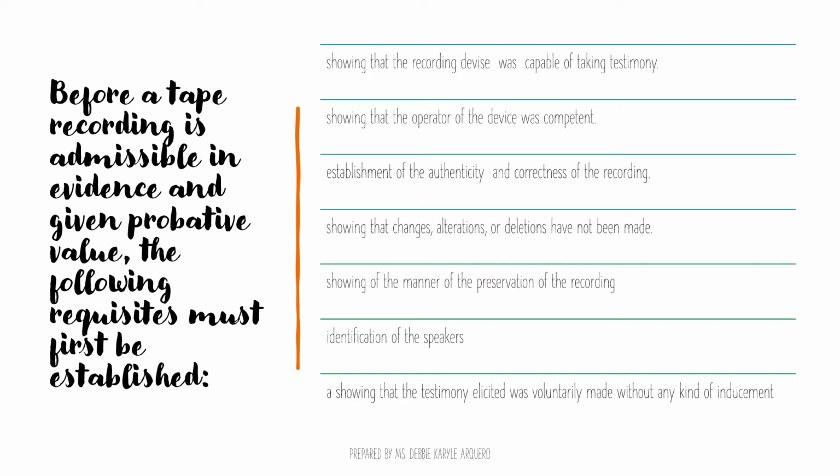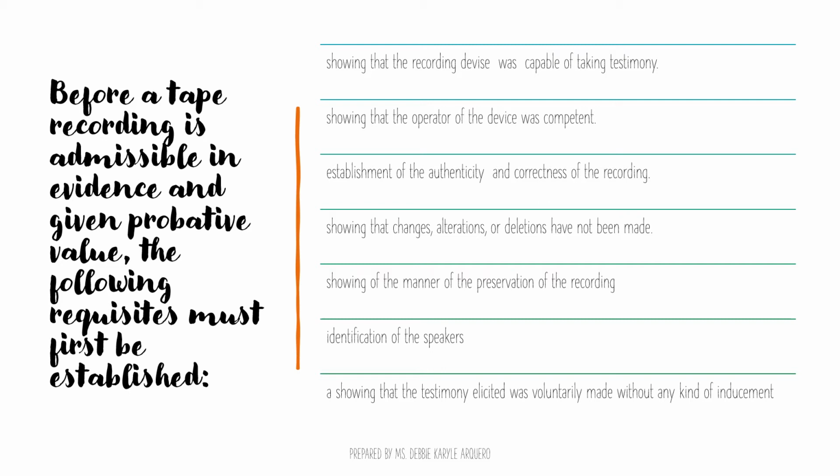In short, the person who will testify, in this case the person who recorded the tape, should be competent. Okay, next, showing that the operator of the device was competent. Ayan. Another requisite is to establish the authenticity and correctness of the recording.